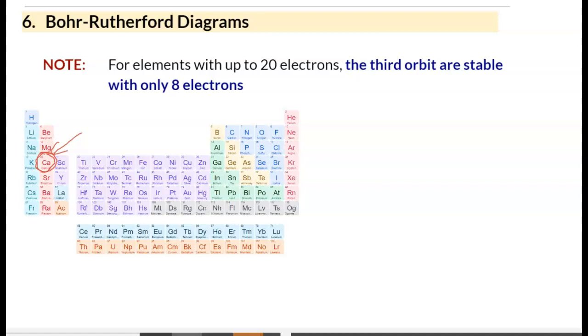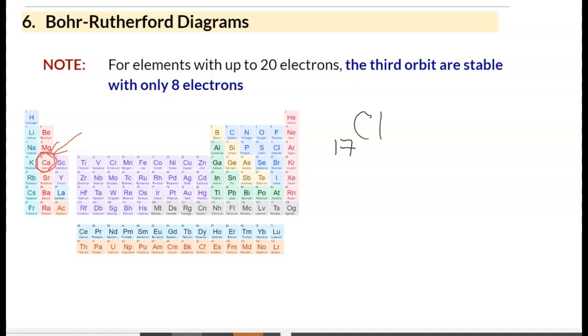So what I want to do is just quickly use chlorine as an example to remind you about Bohr-Rutherford diagrams. So chlorine, when we look at it, we can see that it has 17 protons. That's its atomic number. And if we're talking about neutral chlorine, then it will also have 17 electrons.